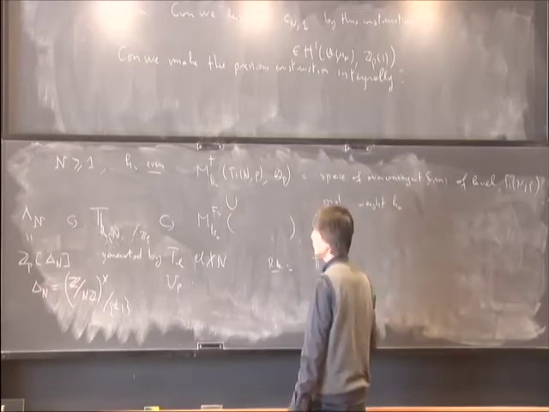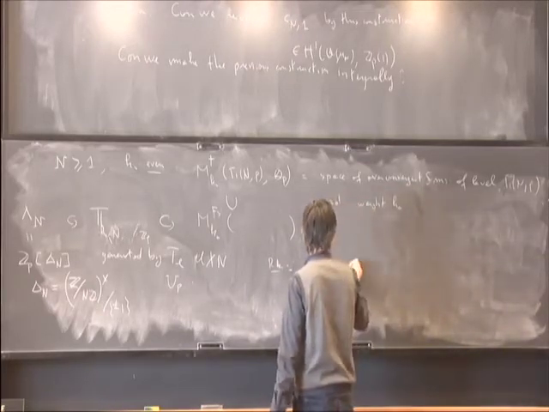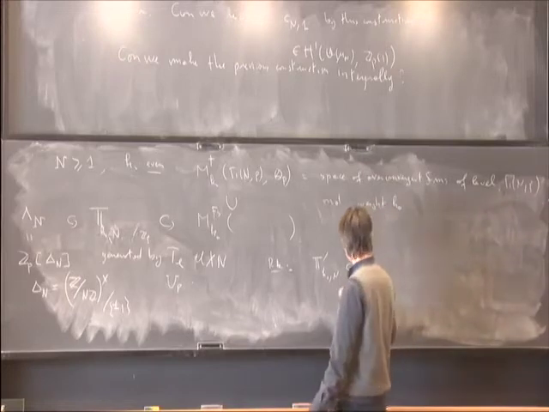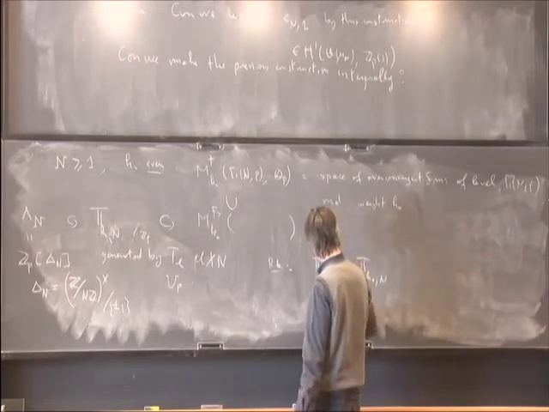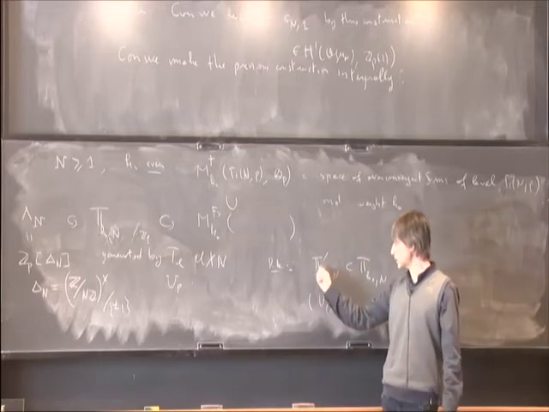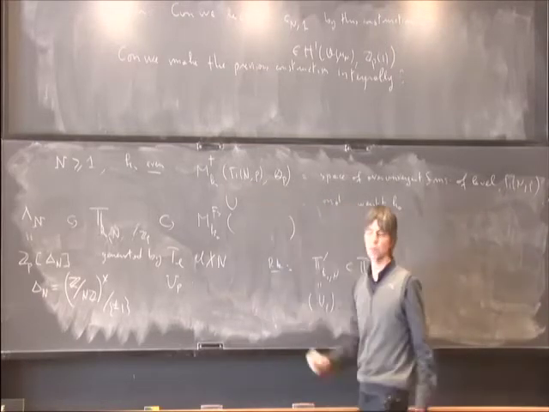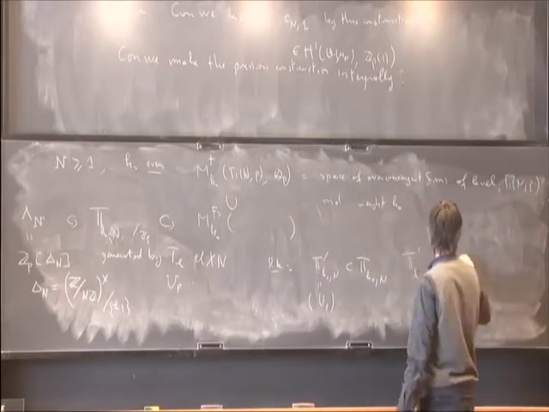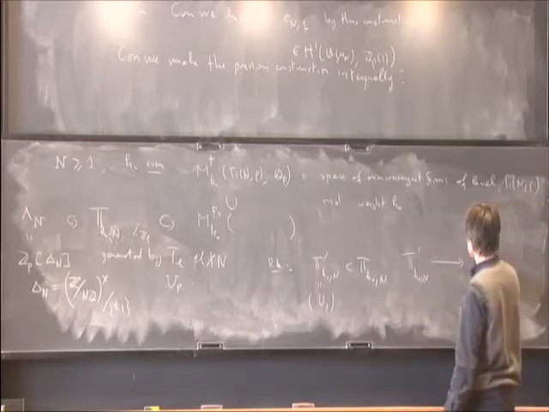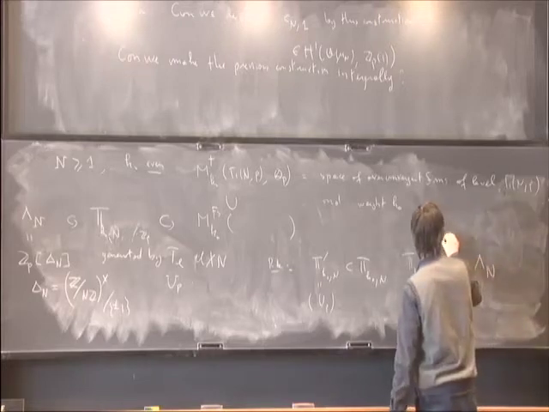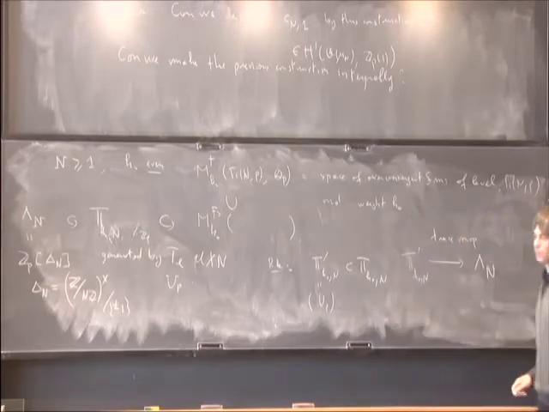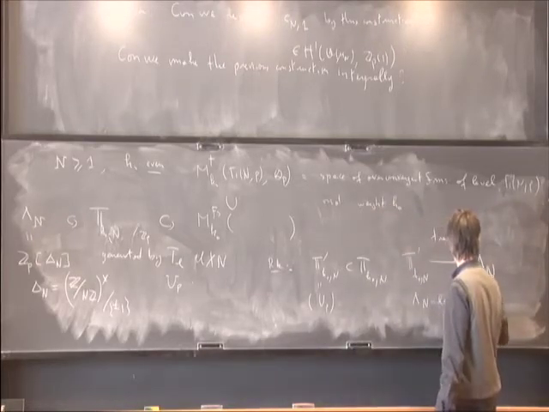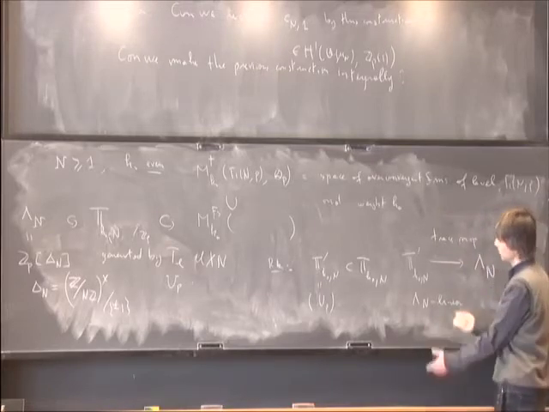If we consider T'_{k_0}(n) inside T_{k_0}(n), which is the principal ideal generated by U_p, in other words every element here is a compact operator acting on this space, then we have a map from T'_n into Λ_n, which is a trace map and which is Λ_n-linear.